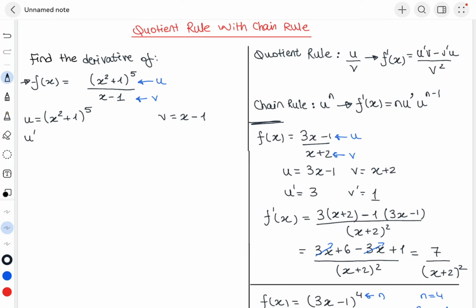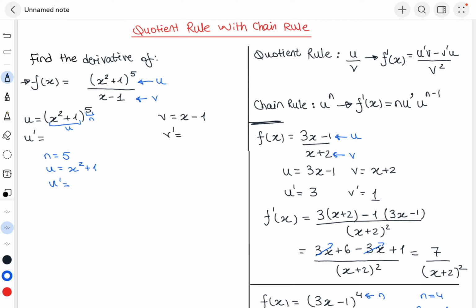Now we need to find u prime and v prime. To find the derivative of u, we have a function to the power of something. So u to the power n. The derivative of it is n u prime u to the n minus 1. So our n is 5, our u is x squared plus 1, and we need to find u prime.